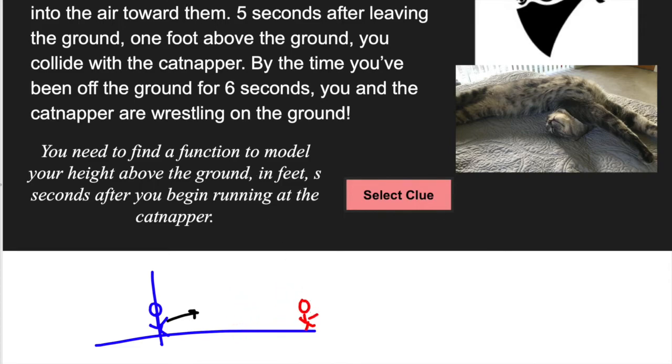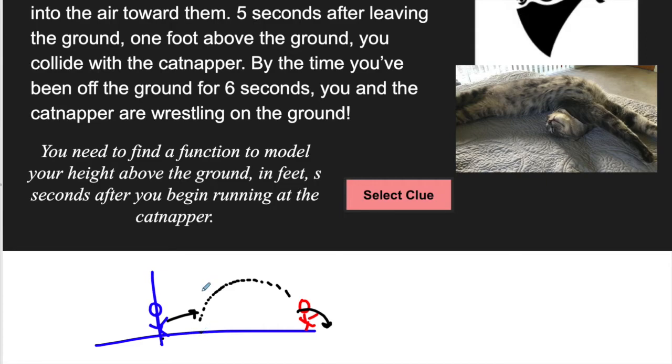I run towards the catnapper for 3 seconds, then leap in the air towards them. 1 foot above the ground, 5 seconds later, I collide with them, bringing them down. And by the time I've been off the ground for 6 seconds, I'm on the ground.